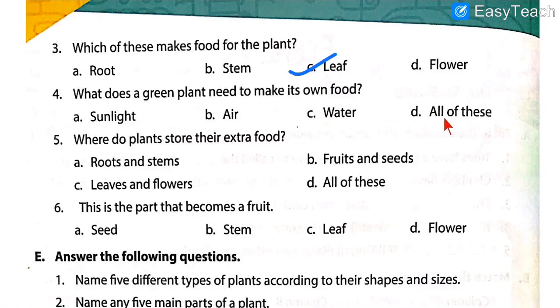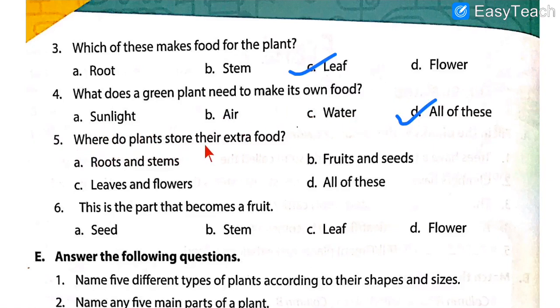So option number D, all of these is the correct option. So I have marked it as the correct one, all of these. In this question, you have to write all the options, because all of these means all three things are needed by green plants for making their own food.